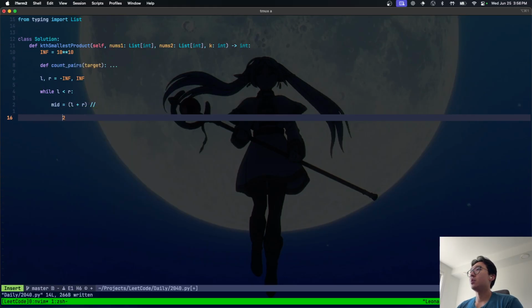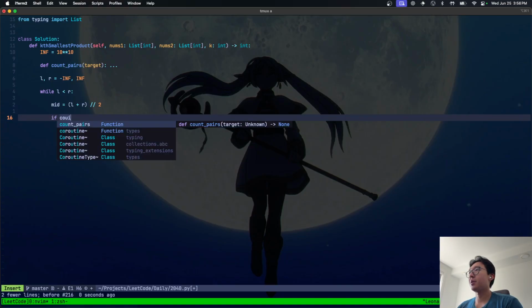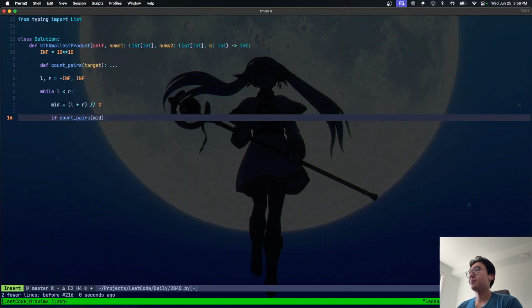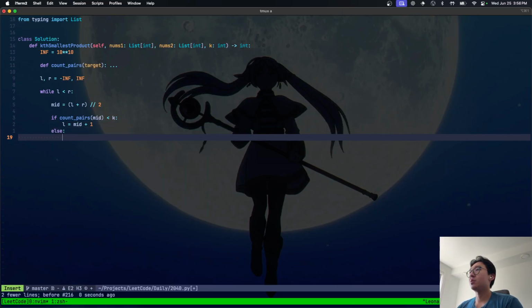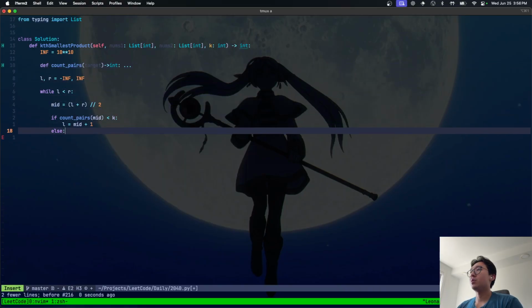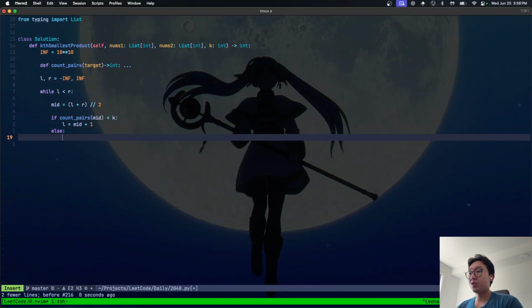If count pairs mid is less than k, that means that we don't have enough pairs, so we need to increase, so left is equal to mid plus one. Else we have too many pairs, so right can be equal to mid.